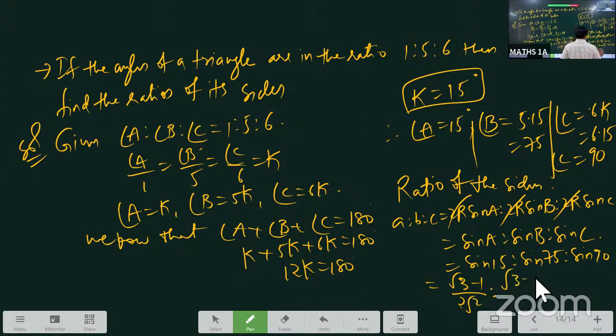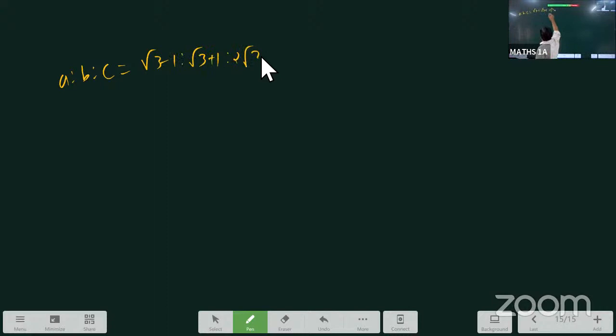This is √3 plus 1 by 2√2. You should remember the values. Sine 90 is 1. So take 2√2 to that side. Therefore, your A is to B is to C ratio will be √3 minus 1 is to √3 plus 1 is to 2√2. Is it clear? So this is what you should understand.